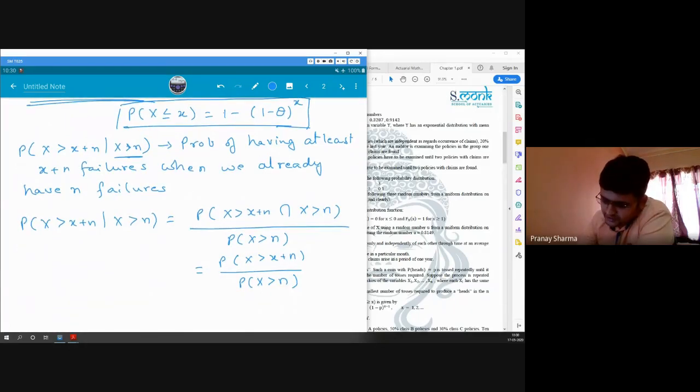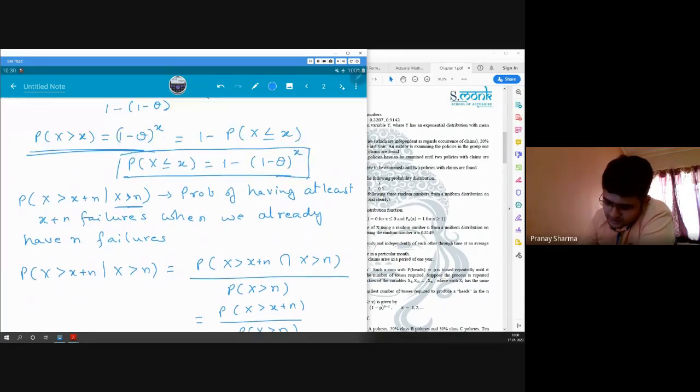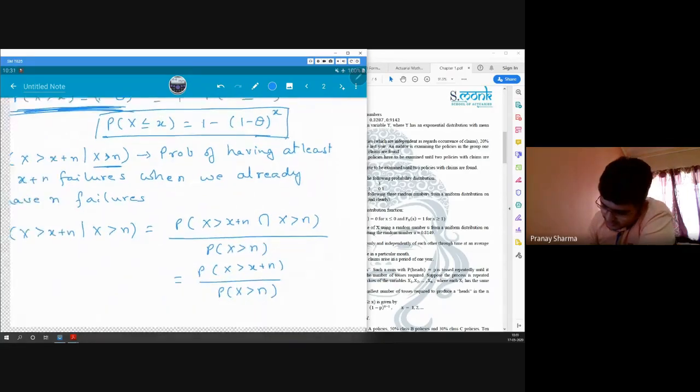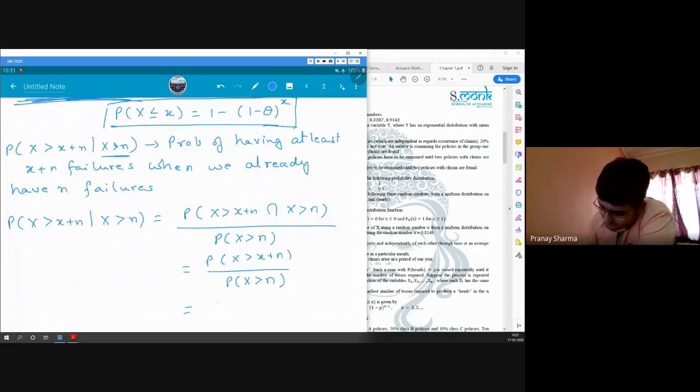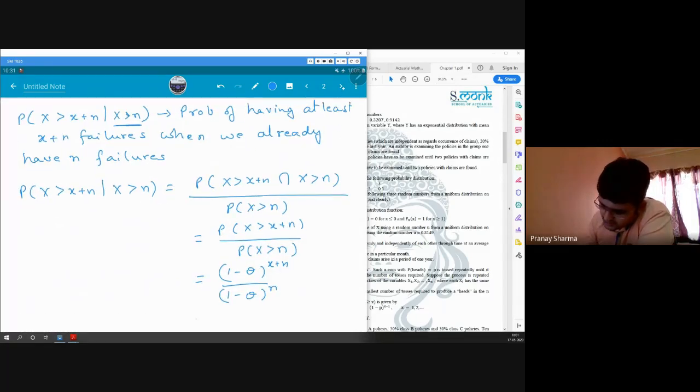Now we can substitute this value. We'll get (1 minus theta) raised to x plus n upon (1 minus theta) raised to n. Now n cancels out and we'll be left with (1 minus theta) raised to x. That is also equal to probability X greater than x.